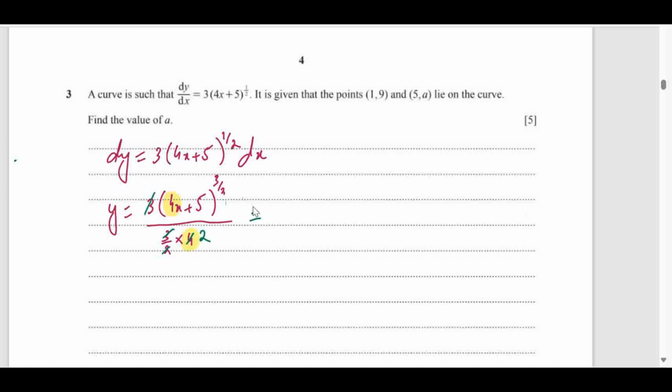So finally we will have y equals 4x plus 5 whole power 3 by 2. Whenever you want to find the equation of the curve from the gradient of the curve, you have to use the c.